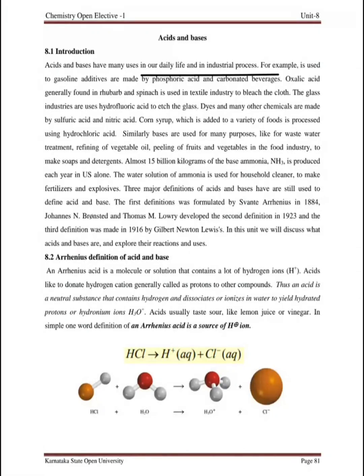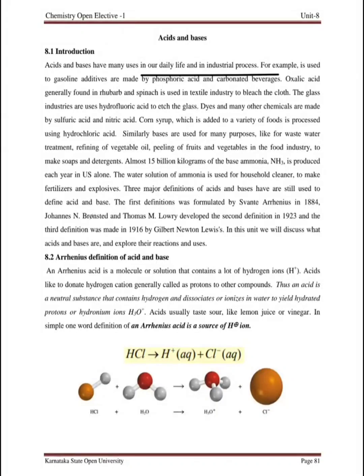For example, gasoline additives use phosphoric acid, and carbonated beverages contain oxalic acid. Oxalic acid, generally in the daily routine, comes from vegetables like spinach, and is used in the textile industry to bleach clothes.